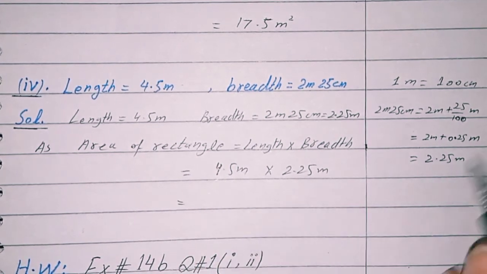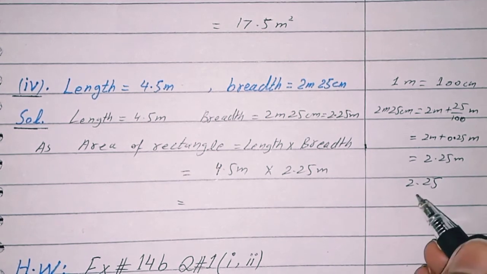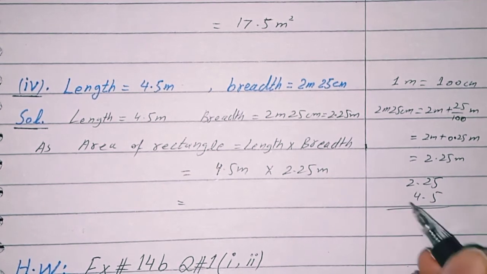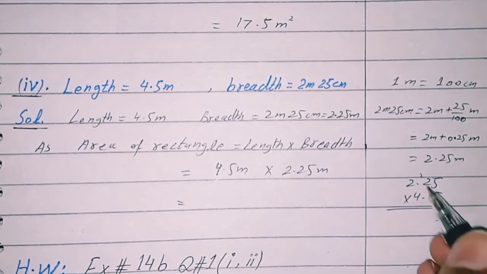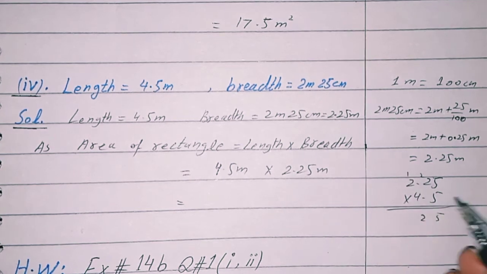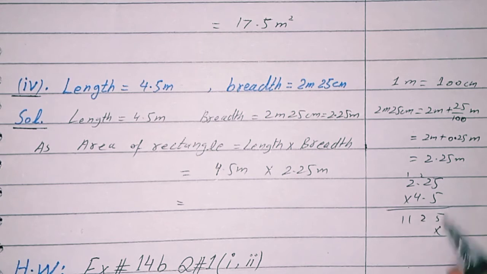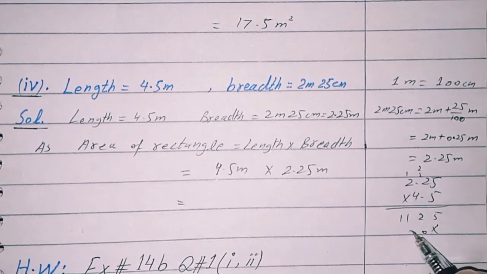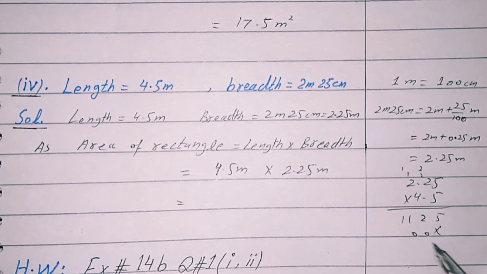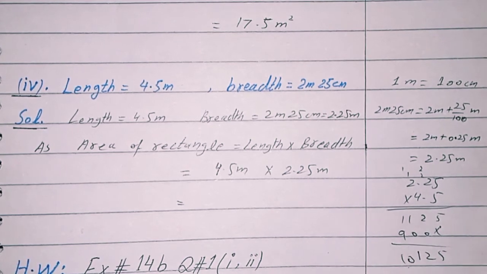We will multiply these two. 2.25 multiply by 4.5. Rough work. 5 5s are 25, there will be 2 carried. 5 2s are 10 and 2 is 12. 5 2s are 10 and 1 is 11. 4 5s are 20, there will be 2 carried. 4 2s are 8 and 2 is 10. 4 2s are 8 and 1 is 9. Then 5, 2, 1, 1 and 9, 10.